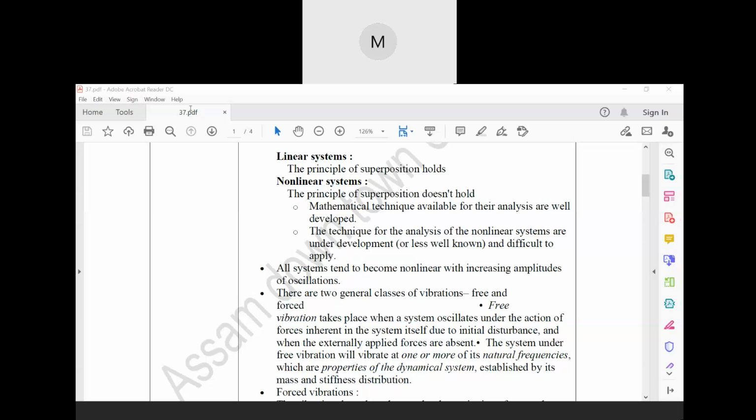Can anyone tell me what is the principle of superposition? The addition of all the individual forces. Not force, but in vibration, what will that be? In force system it is okay, but in vibration system, how will you determine it?